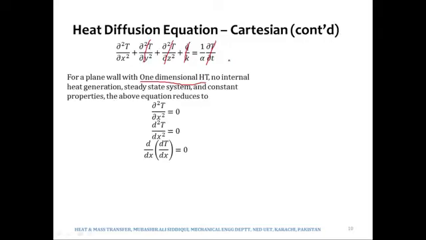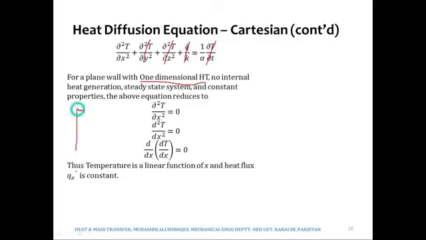Now what does this mean? It means that temperature is a linear function and heat flux is therefore constant. How can we say that temperature is a linear function? If this is the plane wall that we are talking about, and temperature is a linear function of x, then temperature is a plus bx, or y is equal to mx plus c. If temperature is a plus bx, the first derivative with x is b, and the second derivative is 0.